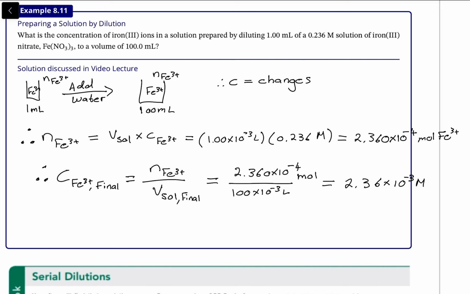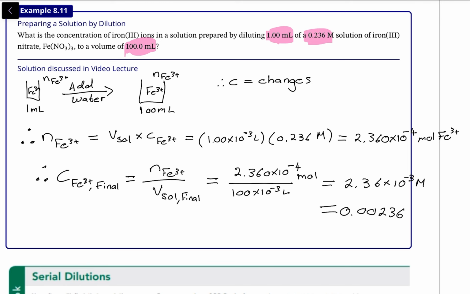All right, and if we think about this, do you notice that our volume changes from 1 to 100? So meaning the volume increased by 100-fold. And what happened to the concentration? The concentration went from 0.236 to 0.00236.